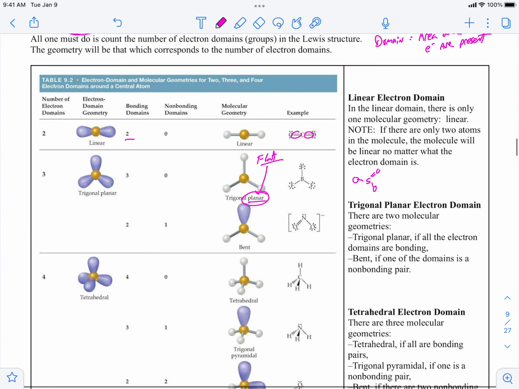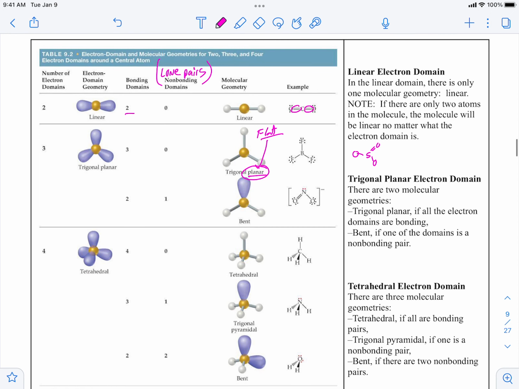What if you have a non-bonding pair? Remember we call these lone pairs? Non-bonding pairs are called lone pairs colloquially, but technically they are called non-bonding domains. So if you have a lone pair, that lone pair is still present, which is why the general shape of the electron domains is still the same.